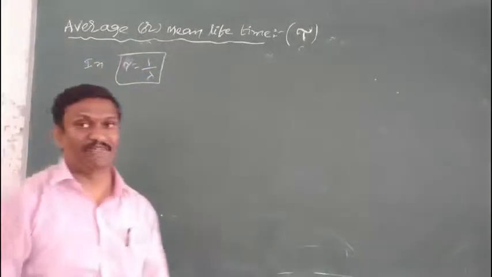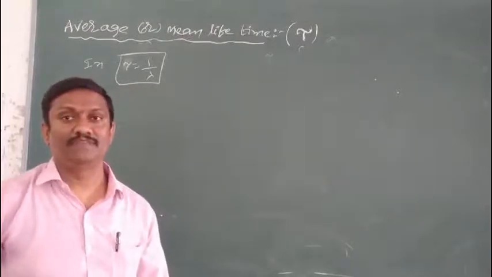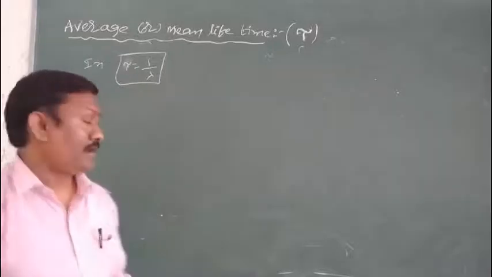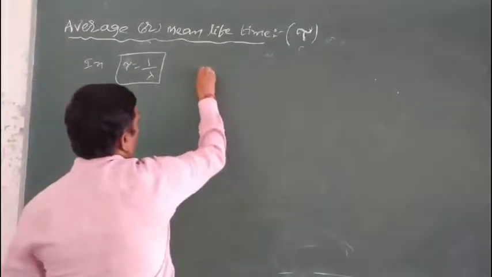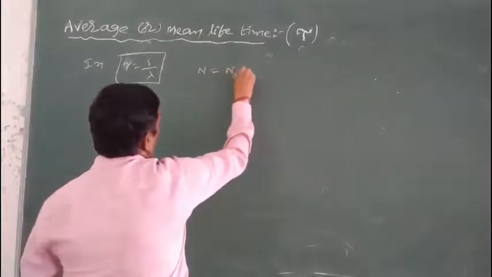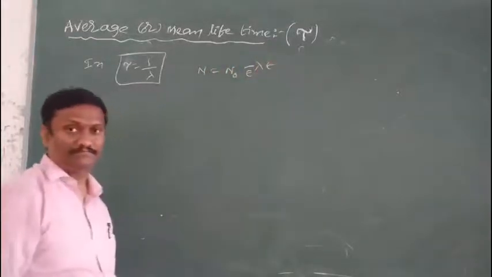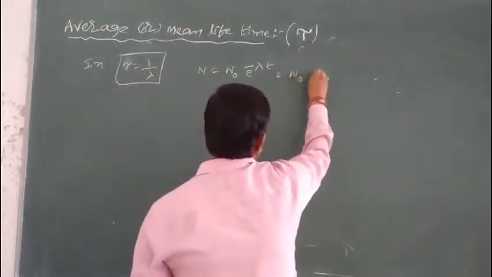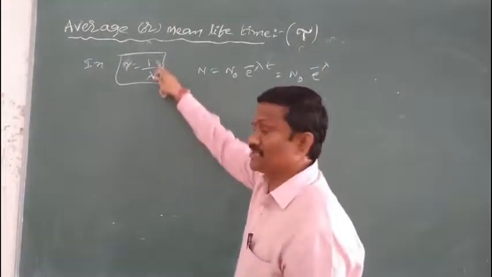In the case of half-life, 50% of atoms are undecayed. In the case of mean lifetime, how many atoms are undecayed? We know N is equal to N0 e power minus lambda t, or N0 e power minus lambda into t, where t means 1 by lambda.